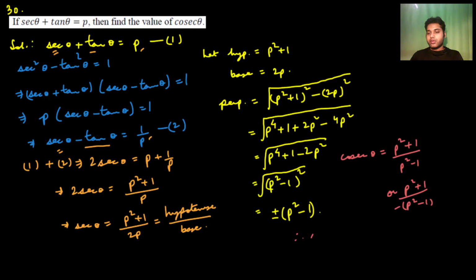So therefore we can say cosec theta equal to p square plus 1 by p square minus 1, or p square plus 1 by 1 minus p square. So there are two possible values of cosec theta.